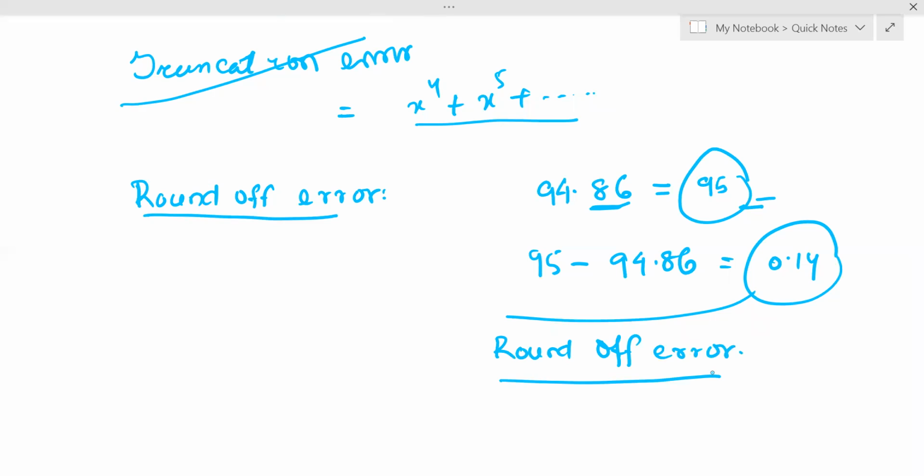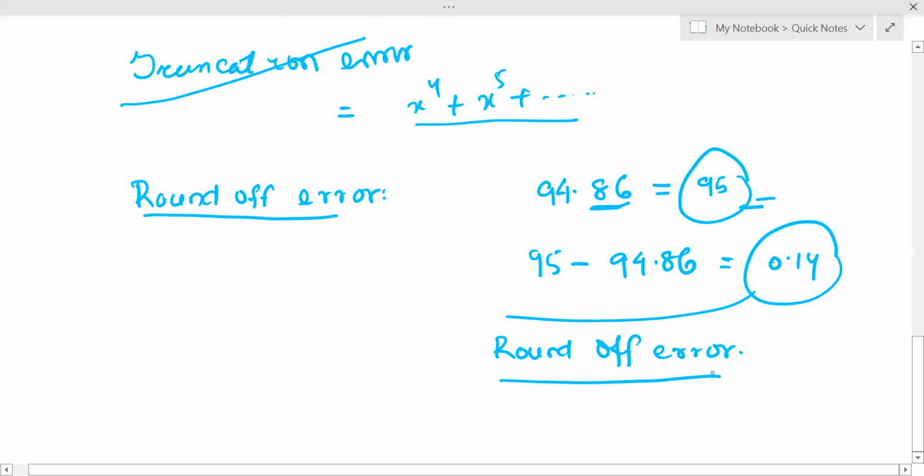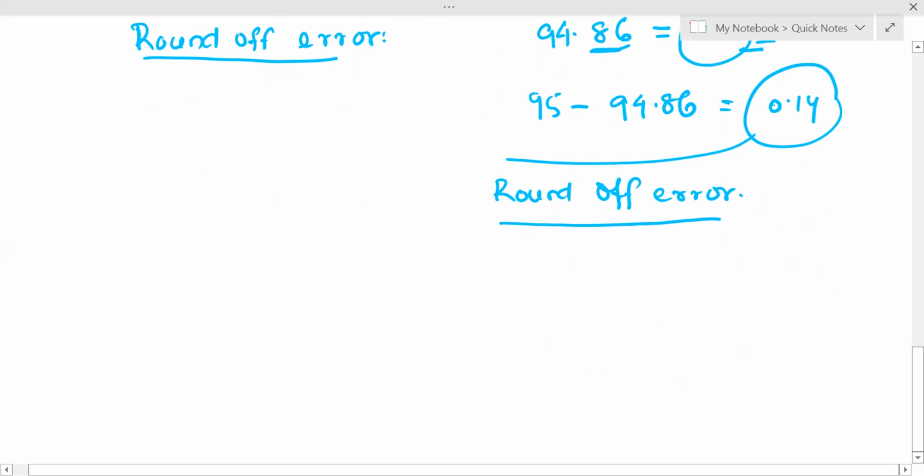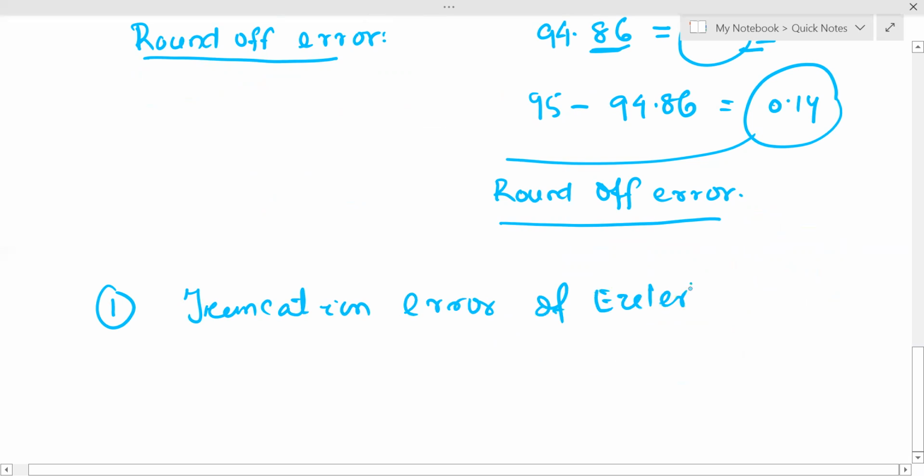So, the truncation error in Euler's method, you know Euler's method, is 1/2 h square yn double dash, or simply you can write it as O(h square).